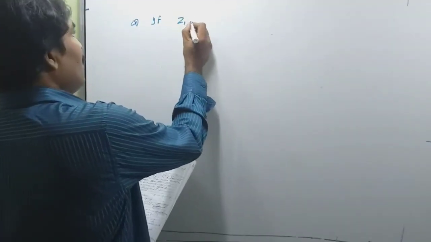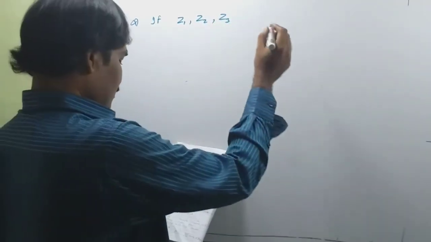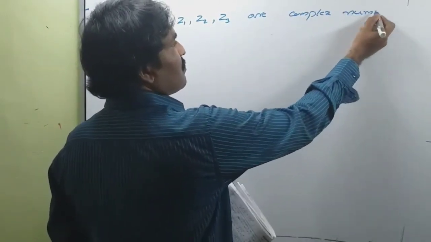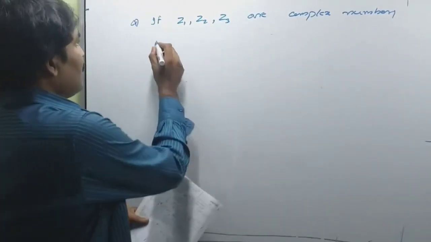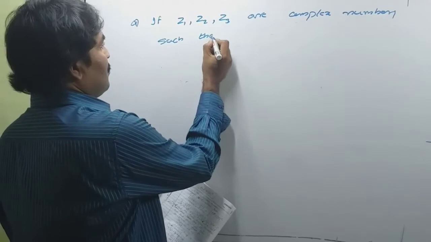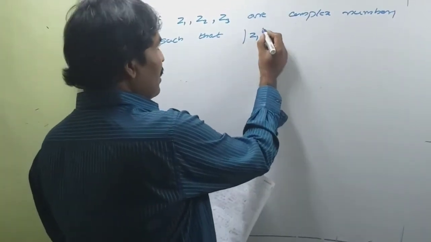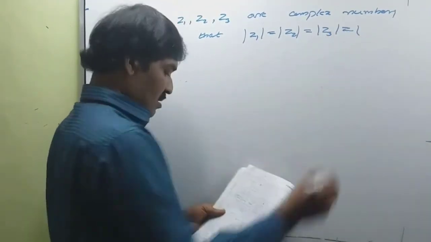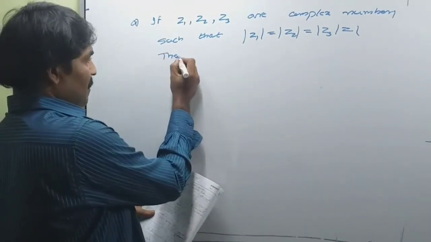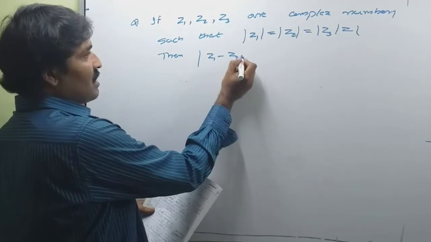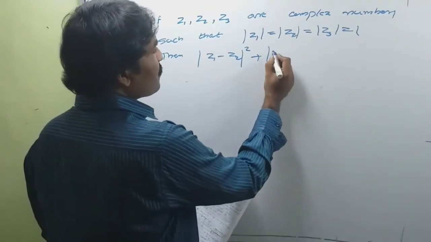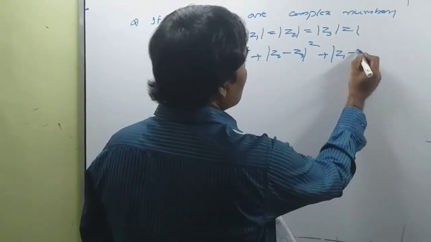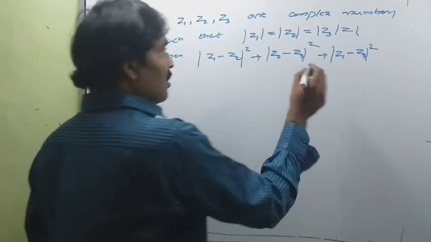If Z1, Z2, Z3 are complex numbers such that mod Z1 is equal to mod Z2 is equal to mod Z3 is equal to 1, then mod (Z1 minus Z2) the square plus (Z2 minus Z3) the square plus (Z1 minus Z3) the square cannot exceed.